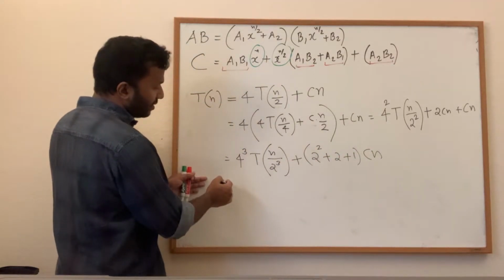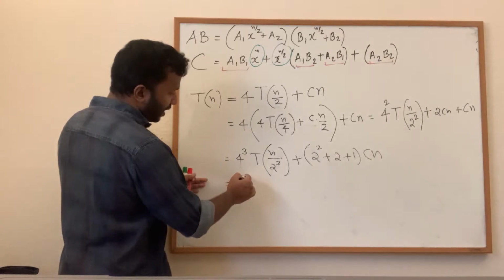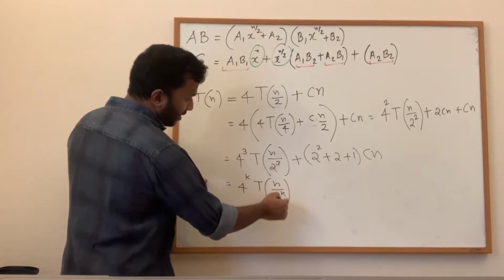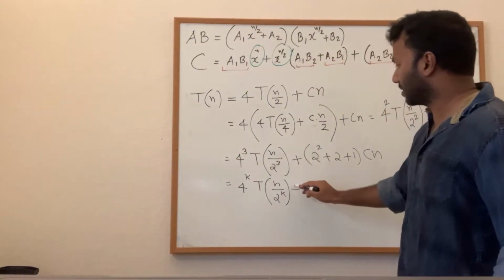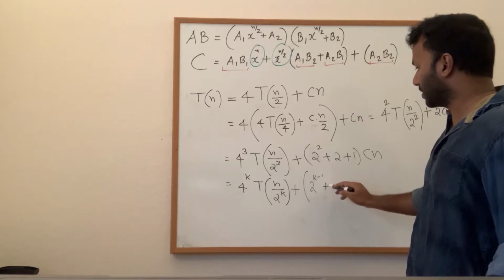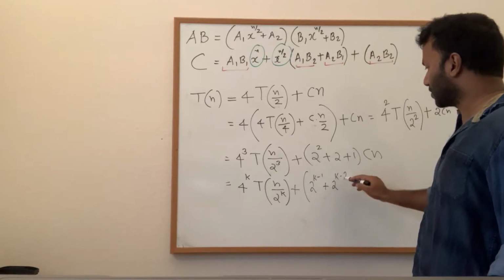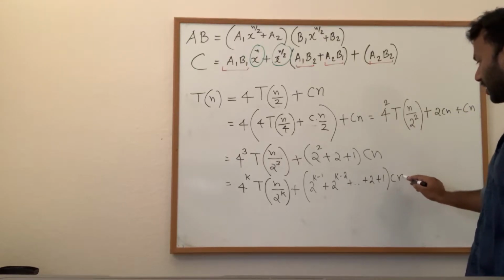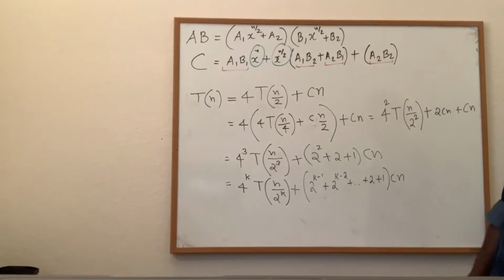So in general, this is going to be 4 to the k t of n divided by 2 to the k plus (2 to the k minus 1 plus 2 to the k minus 2 dot dot dot 2 plus 1) multiplied by cn.